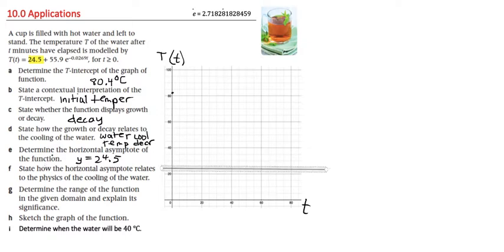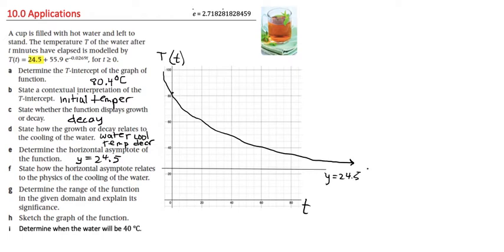So state how the horizontal asymptote relates to the physics of the cooling of the water. What does this mean? Well, basically, after a while, and I'm just going to draw this graph since we're already so close, this at some point is going to get incrementally close to this 24.5, and it's not going to get any colder.